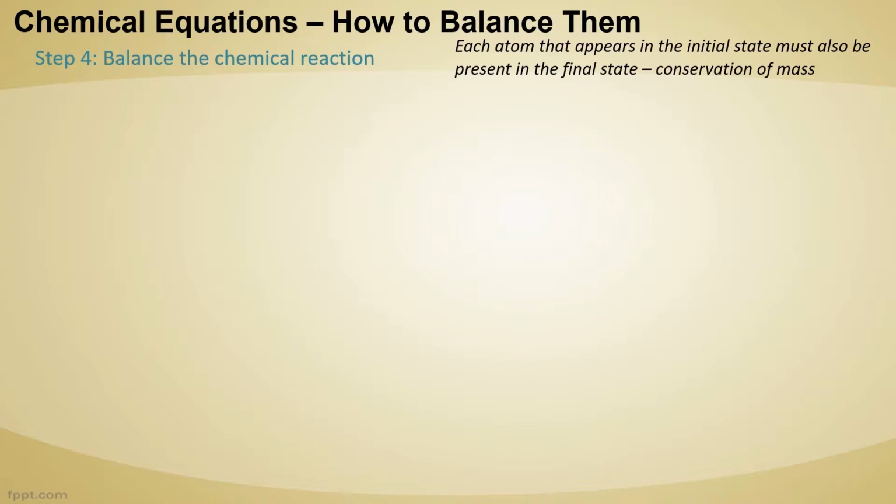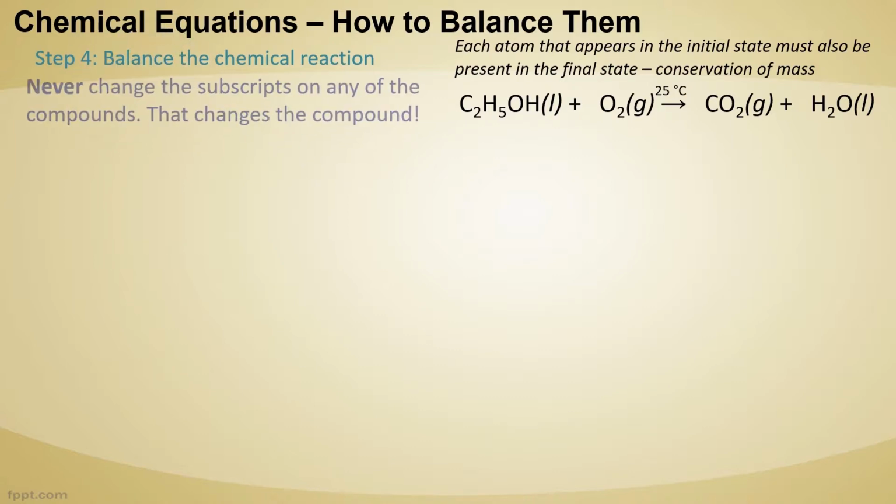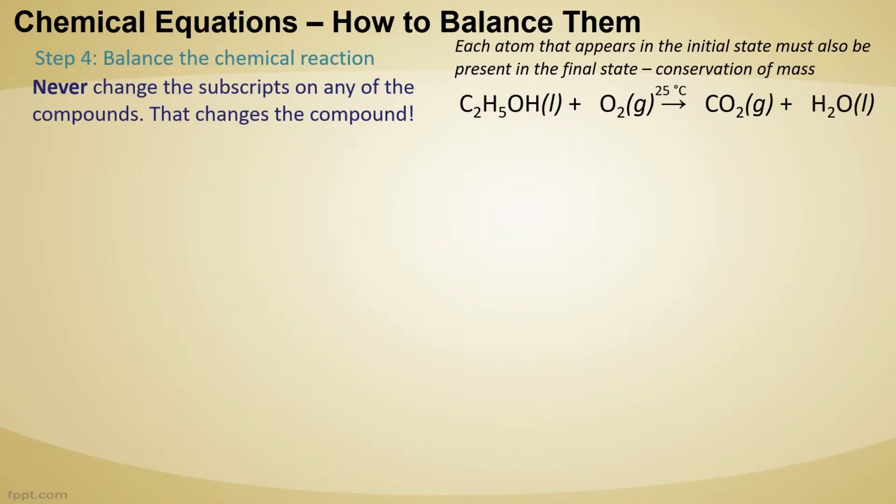So far, we have the following rough and unbalanced chemical reaction for our ethanol combustion problem at 25 degrees C. It is important to remember that when balancing chemical equations, to never change the subscripts on any of the compounds, because that changes the identity of the compound.